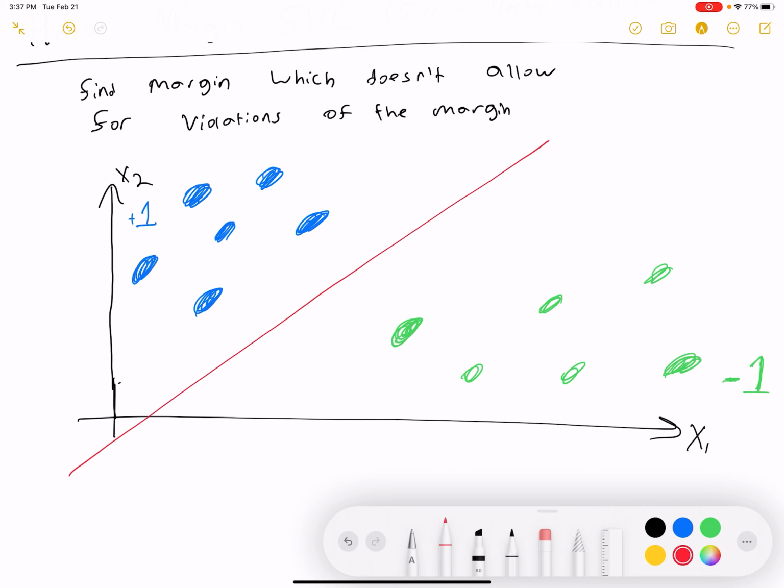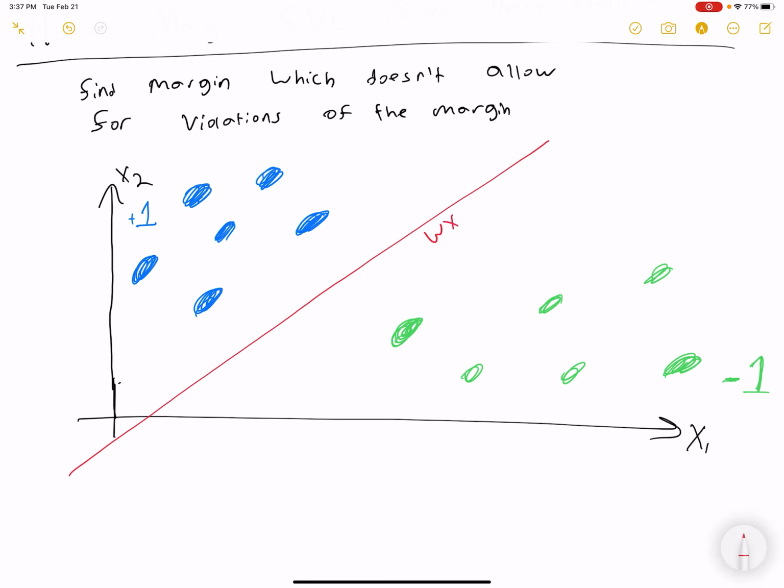And so we're going to say that for this line, or if it's in higher dimensions, hyperplane, we just use linear algebra notation. We're going to set the separating boundary to be 0.